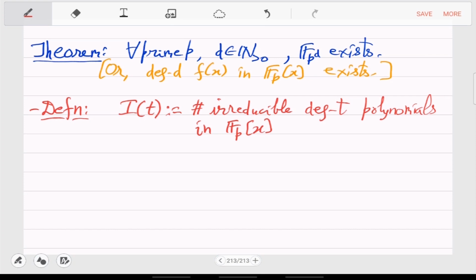I could also have said I_p(t), but p I will suppress because we'll just think of a fixed prime p. So with that understanding, I(t) is just the number of degree t irreducible polynomials in the polynomial ring, mod p. And let us try to do this counting.